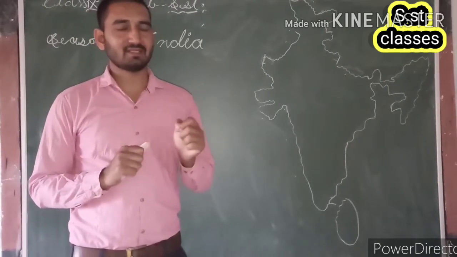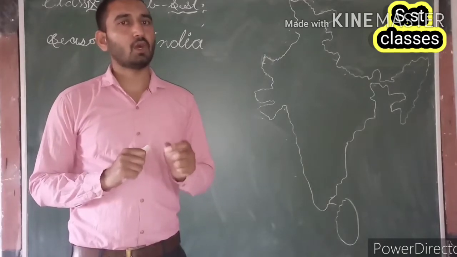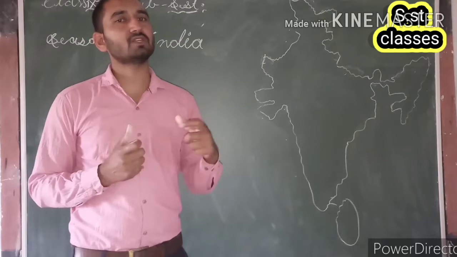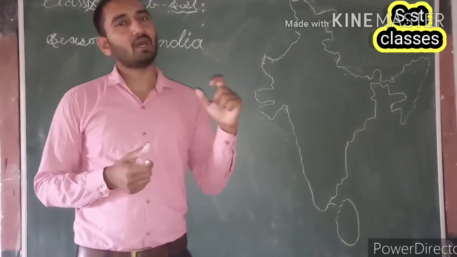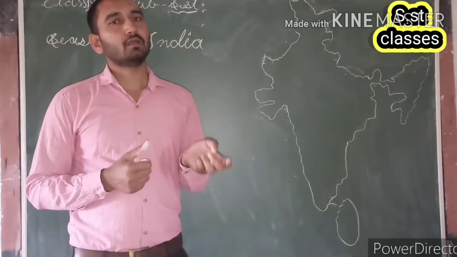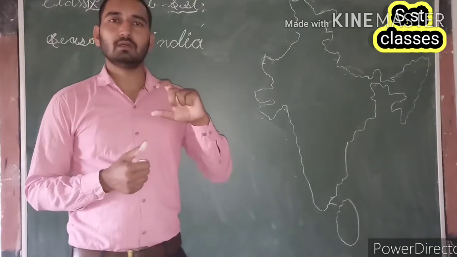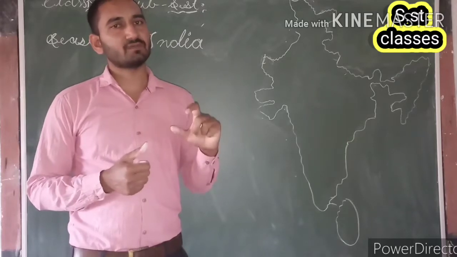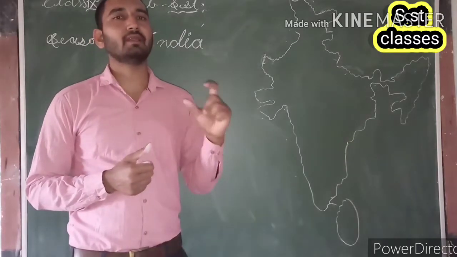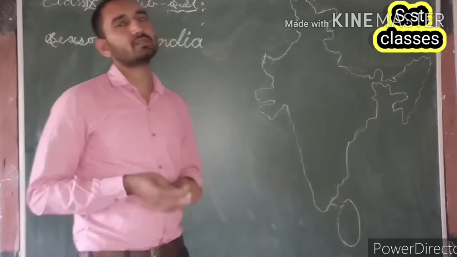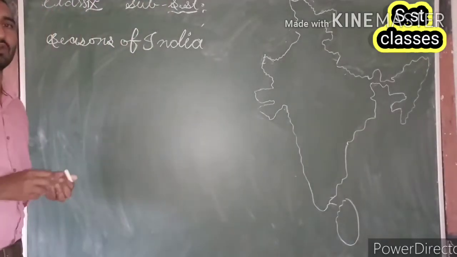So in this way, we can say that the Indian monsoon experiences a change of seasons, and that's why we call the Indian climate a monsoon type of climate. So here we are going to discuss the seasons of India.